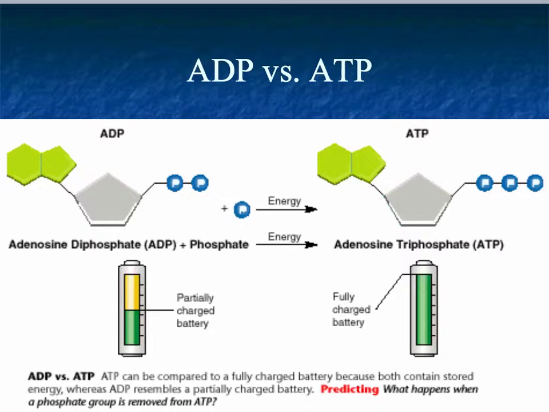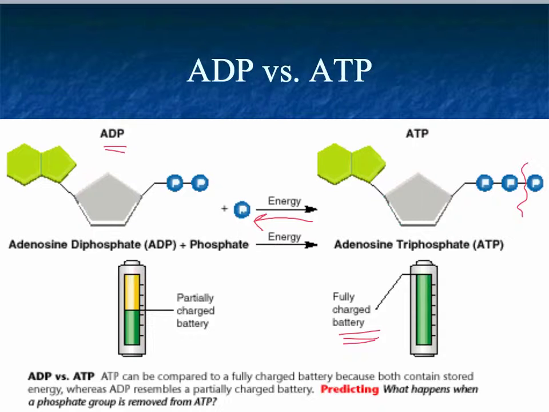That is our happy, lots of energy, fully charged energy molecule. And I'm going to show the arrow going this way as well, we can break this little bond here and release some of that energy. So energy may be released, and then we get ADP, which is like a partially charged battery.